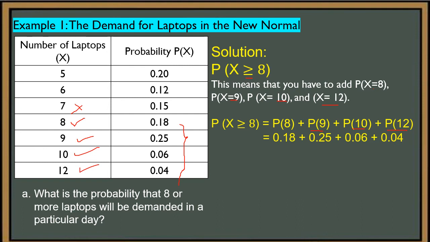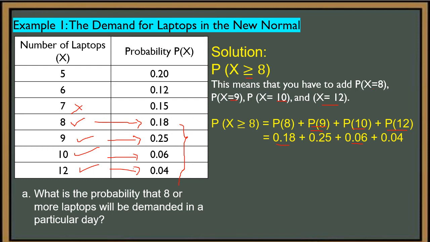Then simply substitute the probability for each value. The probability of 8 is 18 hundredths. The probability of 9 is 25 hundredths. The probability of 10 is 6 hundredths. And the probability of 12 is 4 hundredths.